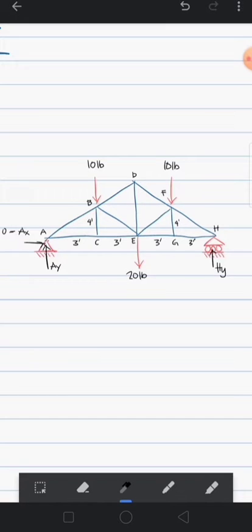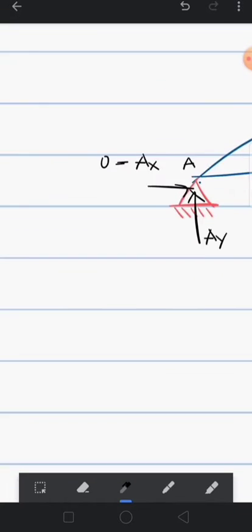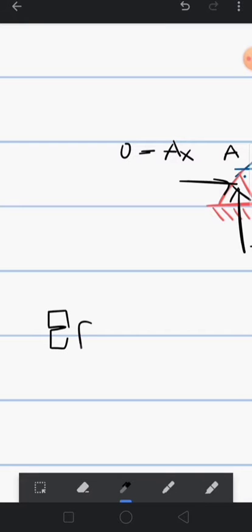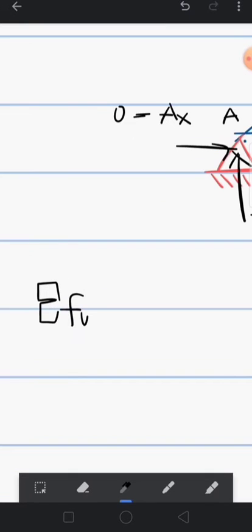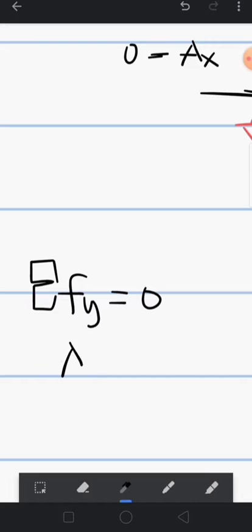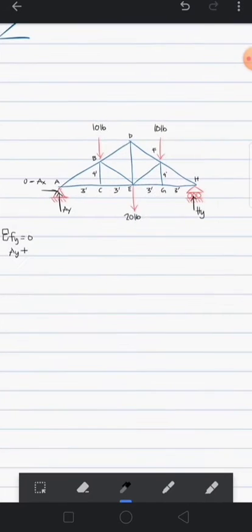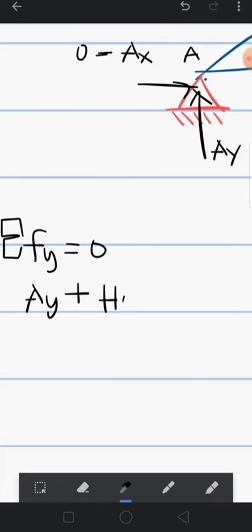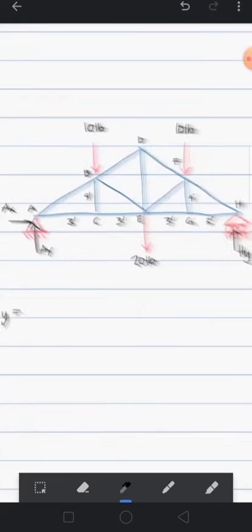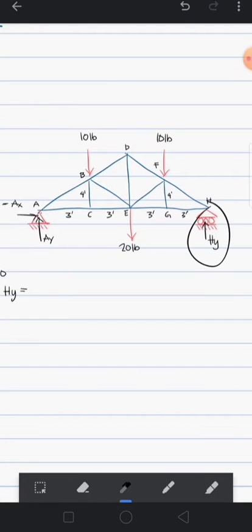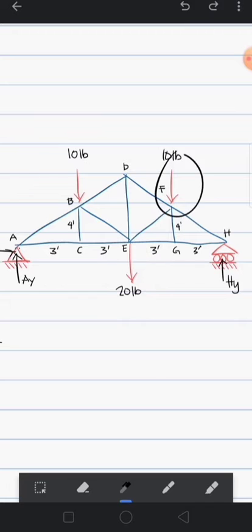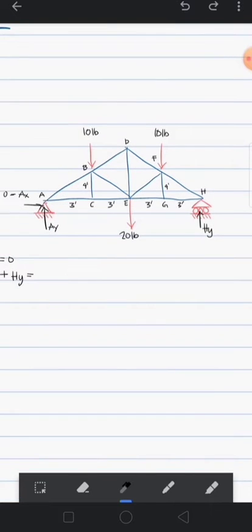And then using the sum of the forces in the Y, we can say that the supports AY and this HY support all the vertical loads. All ups is equal to all downs. That's the concept of equilibrium. Balance. So to make that balance, AY plus HY should be equal to 10 plus 10 plus 20, or that's 40.